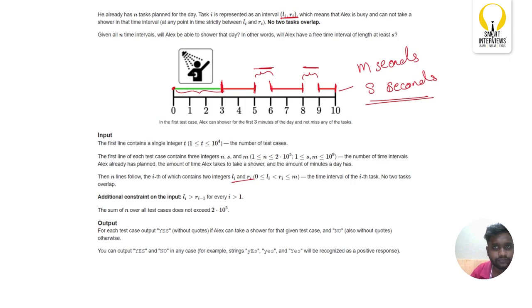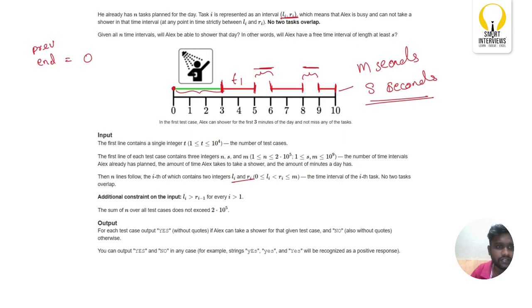What we can do is say that the ending time of the previous task is 0, that is, by default we are not doing any task. From the next incoming tasks, let's say this is task 1, and task 1 is going to start at 3.